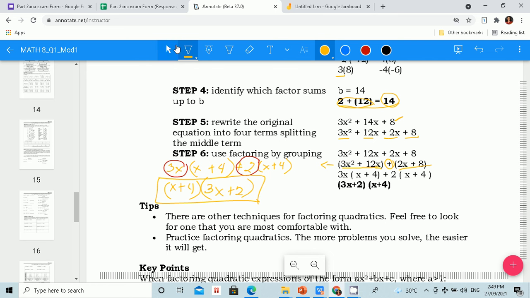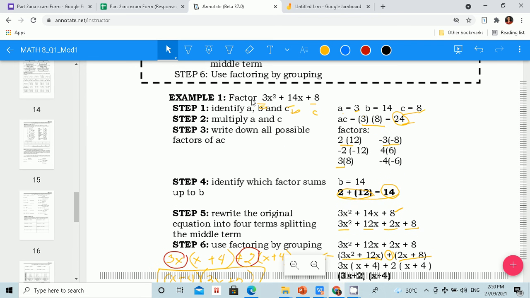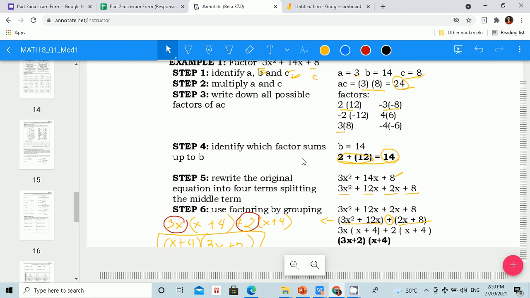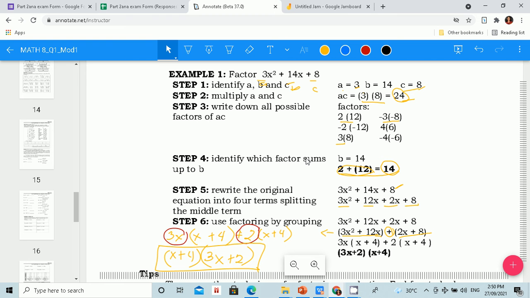So that's it, class. We have 3x squared plus 14x plus 8. We identify and write down all the possible factors of AC, but we can jump to step 4.